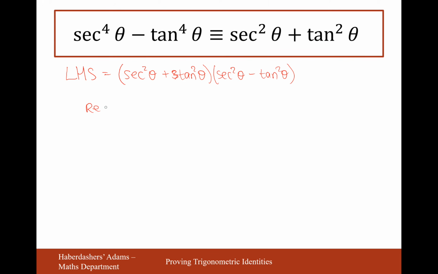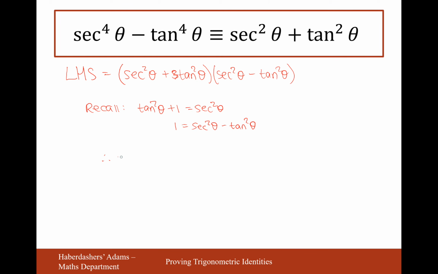We need to recall the identity that tan squared plus 1 equals sec squared theta. Let's now take the tan squared onto the other side. It will be sec squared theta minus tan squared theta equals 1.